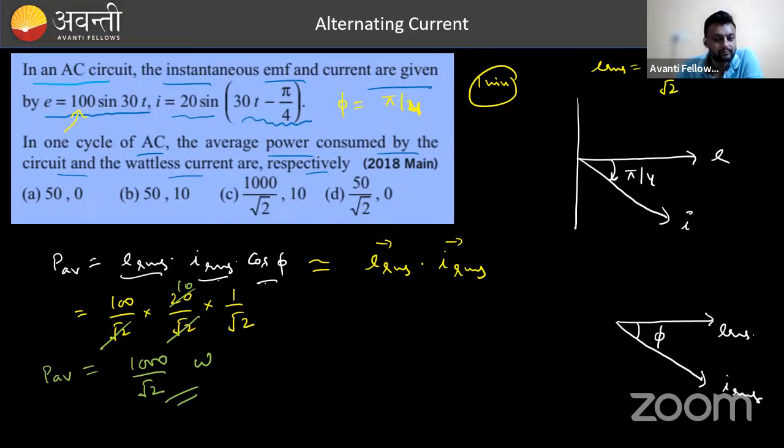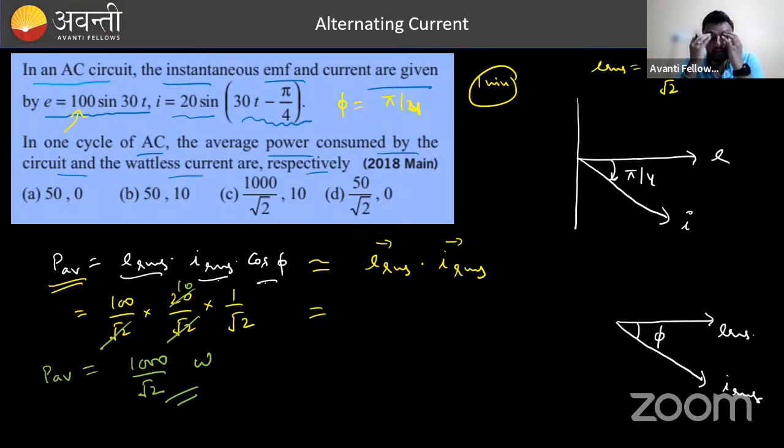Is it clear to you that if we are assuming them to be vectors, phasors, we are dealing with them as vectors? Then this P average can also be written as ERMS, IRMS with the dot product. And if you remove the dot product, it will be again the same result. So this power wattless component is what?